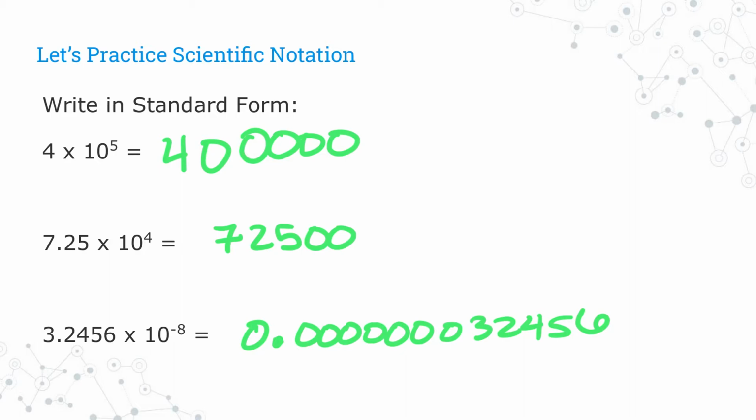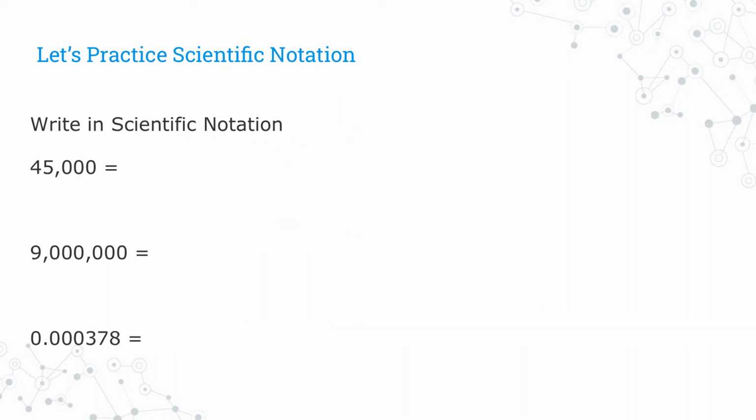So here's the solutions to writing these questions in standard form. Now write these numbers in scientific notation. To write this number in scientific notation, I have my imaginary decimal, 1, 2, 3, 4, so 4.5 times 10 to the fourth.